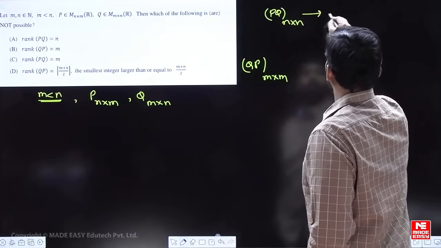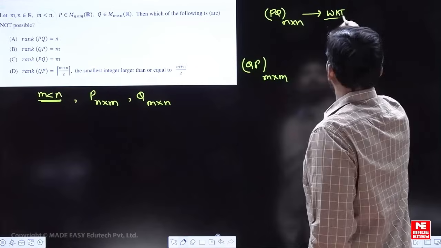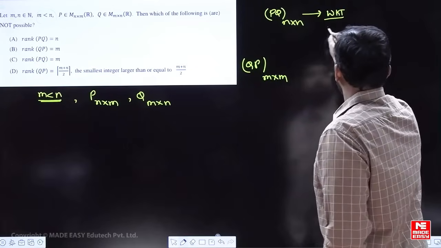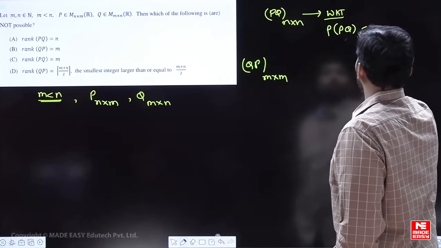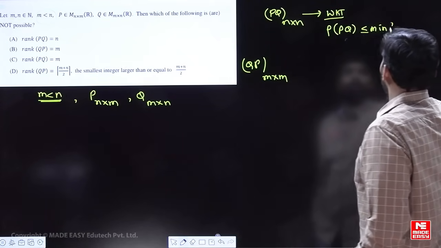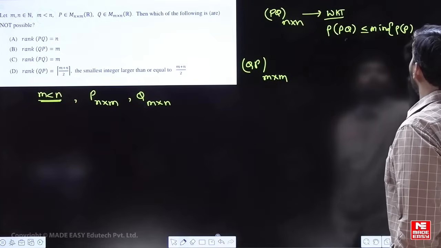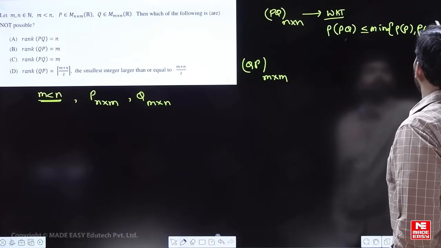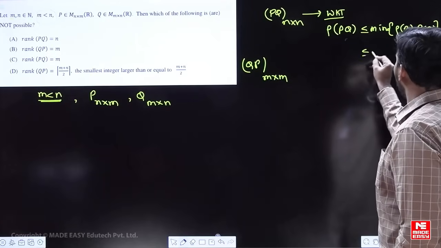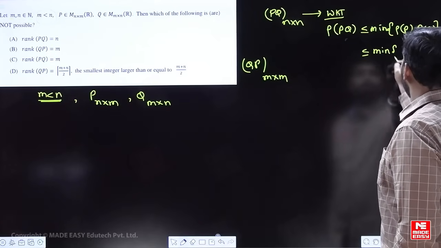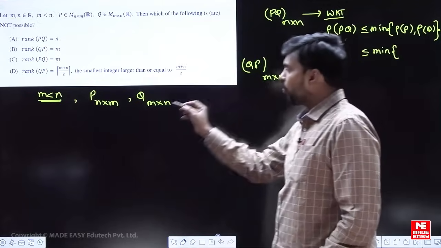Now we know one point here. We know that there is a rank property, that is, rank of PQ is less than or equal to minimum of rank of P comma rank of Q here, right? Rank of P comma rank of Q here. Now the point is that here it is minimum of what can be the rank of P here.